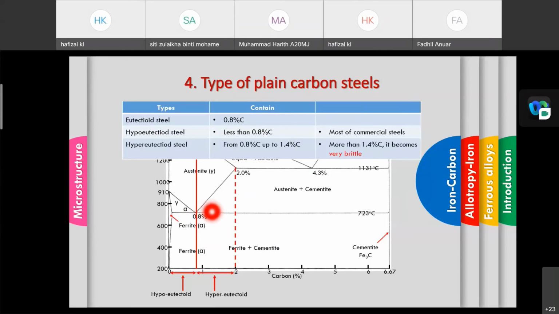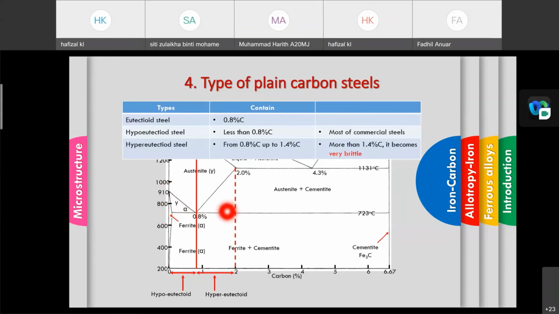In this case, we have the eutectoid area, whereby below 0.8 we call it hypoeutectoid steel, and higher, up to 2%, we have hypereutectoid steel.